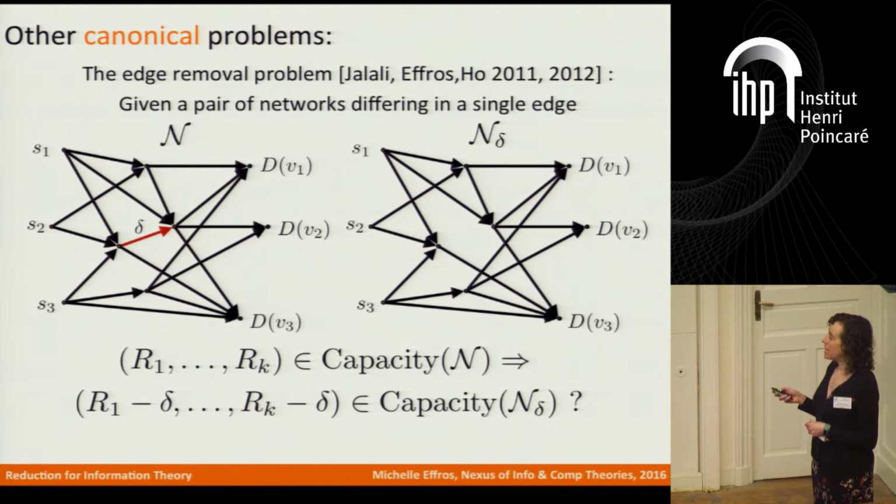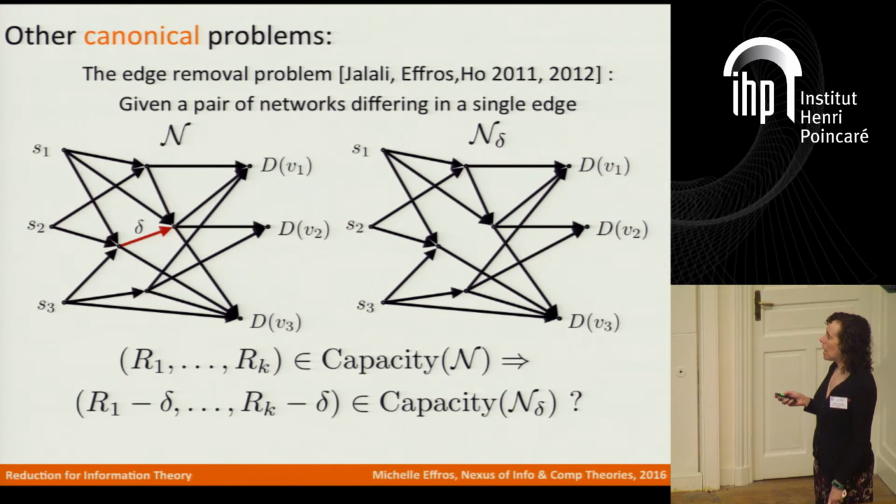In order to understand that, I'm going to compare the capacity of this network to the capacity of another network which is identical except for the removal of that single edge of capacity delta. And my goal here is to understand how much things change in order to understand the power of a capacity delta edge. Our original thought was that a capacity delta edge helps by about delta.